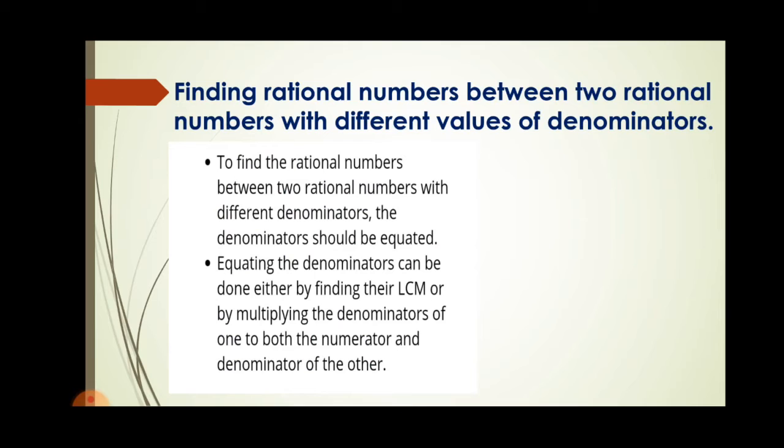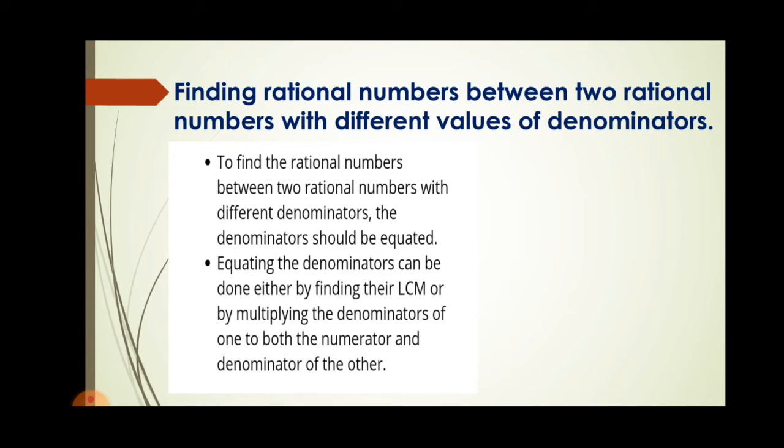Finding rational numbers between two rational numbers with different values of denominators: we need to equate the denominators. Equating the denominators can be done either by finding their LCM or by multiplying the denominator of one to both the numerator and denominator of the other.